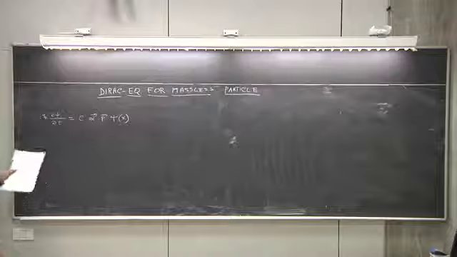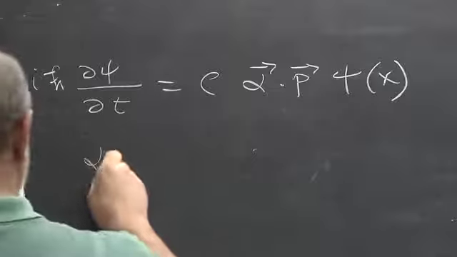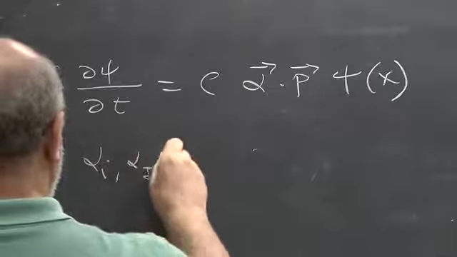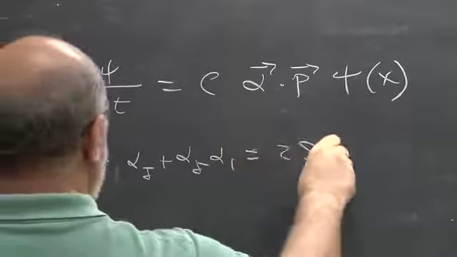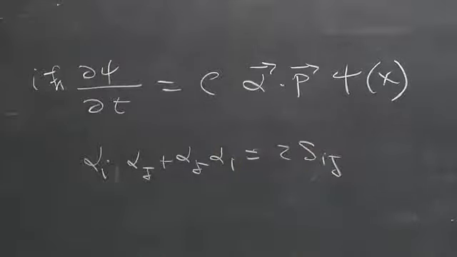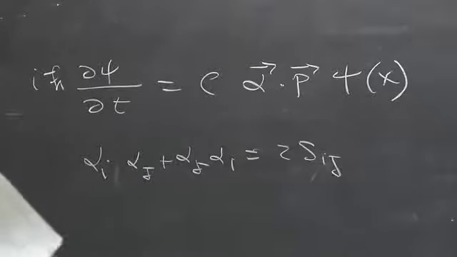Okay? And we know the alpha from the Dirac equation have to satisfy this relation, alpha i alpha j plus alpha j alpha i equals 2 delta ij. We knew that the alpha satisfy this relation not because of this equation, but because of the Dirac equation in general. Now we don't have the beta, so the other two relations, the anti-commutation between alpha and beta and the fact that beta and alpha squared have to be 1, I don't put.